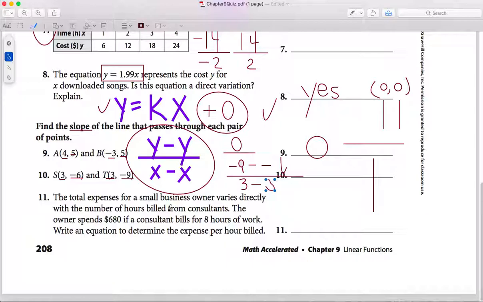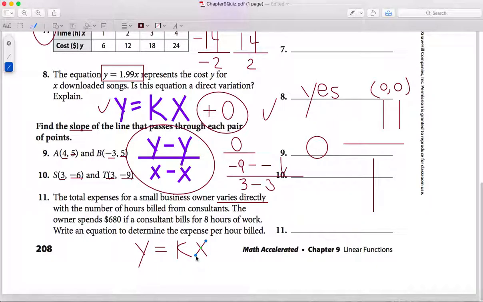Finally, for number 10, it says that the total expenses for a small business owner varies directly. There's that direct variation again, which is this format, y equals kx. Always going to be in that format if it's a direct variation equation. Okay, so it says that the owner spends $680 if a consultant bills for 8 hours of work.